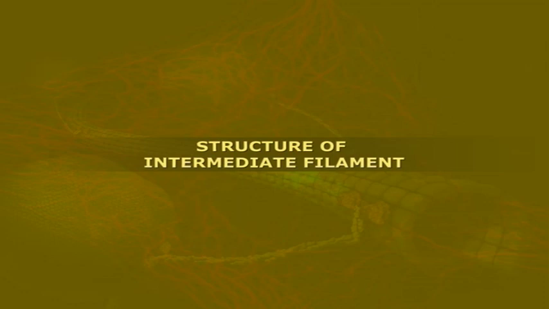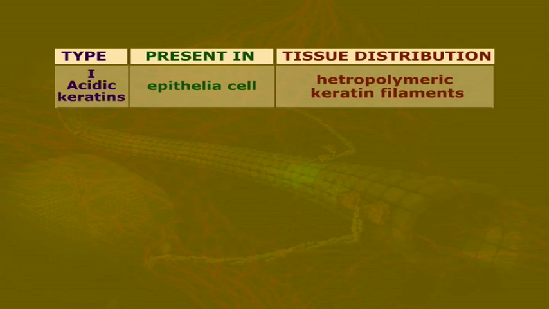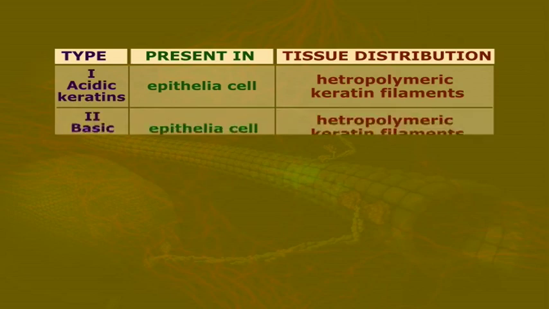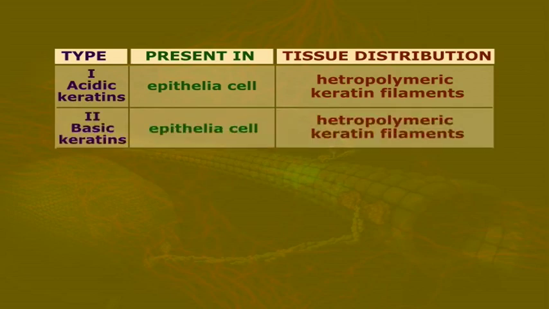Structure of intermediate filaments. In higher vertebrates as well as animals, the subunits composing intermediate filaments constitute a superfamily of highly alpha helical proteins that is divided into 6 major classes or types on the basis of similarities. They are in general grouped as type 1, referred to as acidic keratins, and type 2, referred to as basic keratins of the epithelia as heteropolymeric keratin filaments.